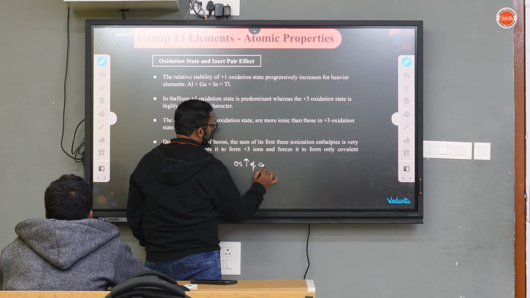As a result, covalent character increases. That is the reason why a higher oxidation state makes the compounds more covalent than a lower oxidation state. So in the case of higher oxidation state, cation size decreases, polarization increases, covalent character increases.